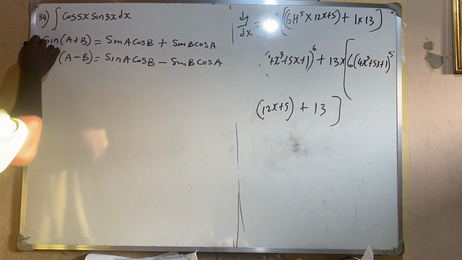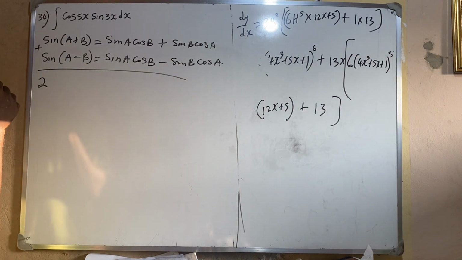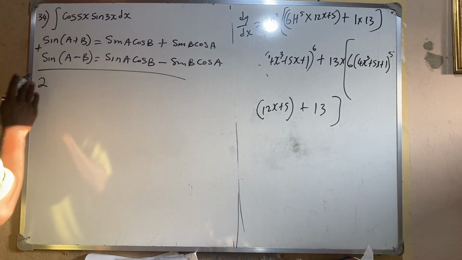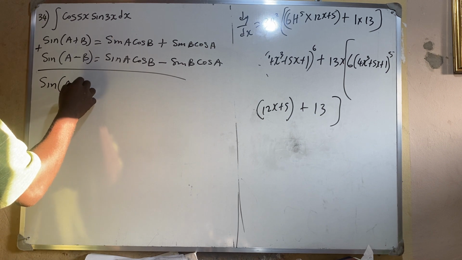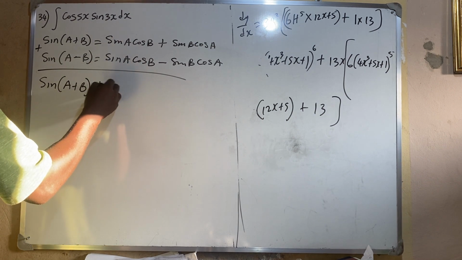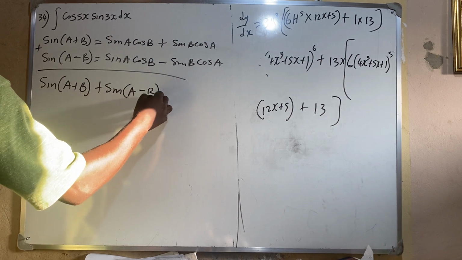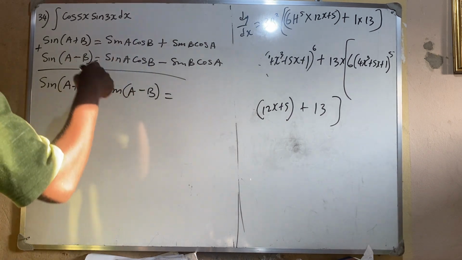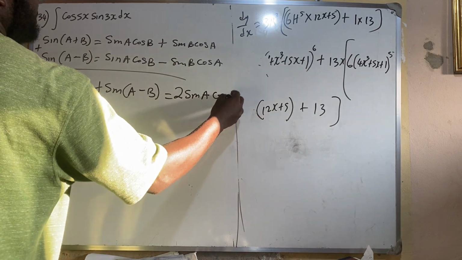If we add, this plus this will give you sin a plus b plus sin a minus b is equal to 2 sin a cos b.